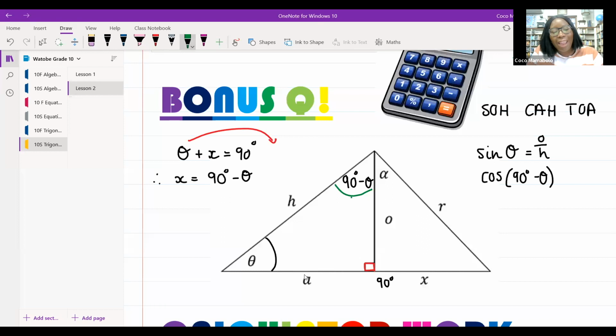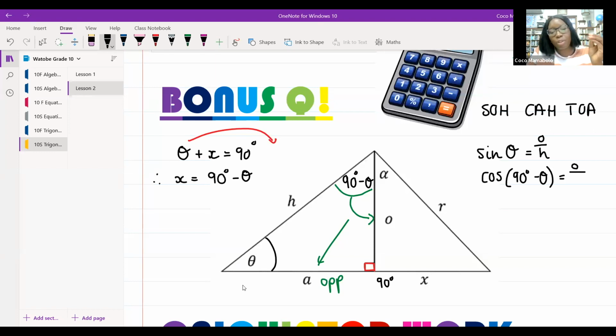Therefore, my adjacent to this angle is going to be that, and this is going to be my opposite side. So for those of you who are saying adjacent over hypotenuse, yes. What is the adjacent side called in this diagram? Good. My adjacent side is called O.